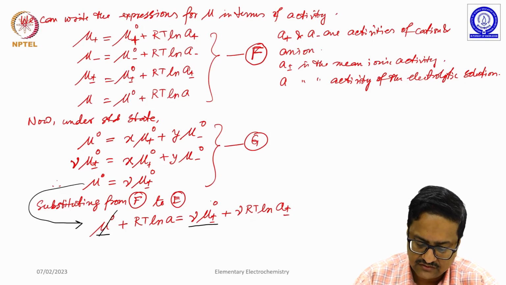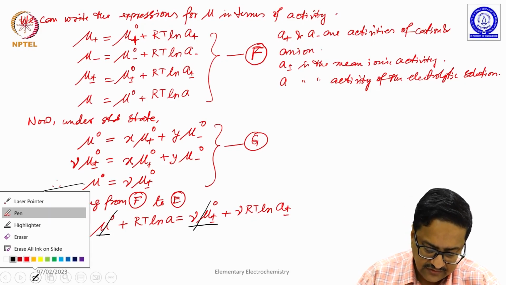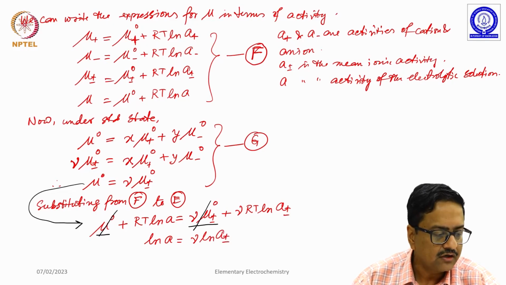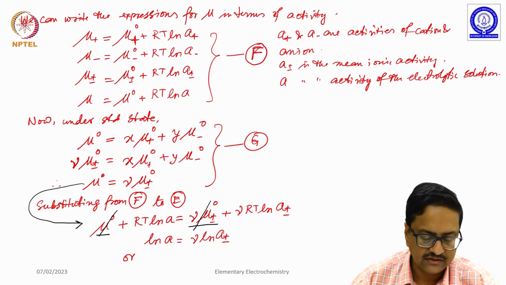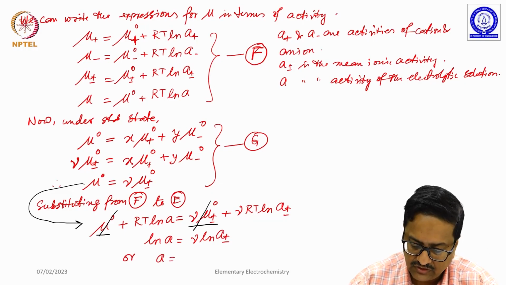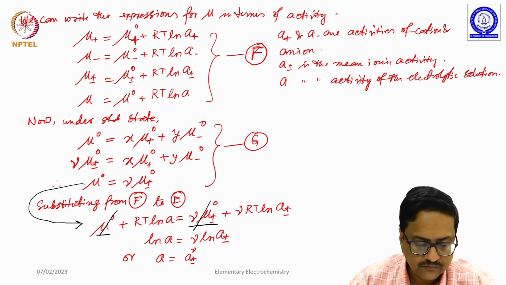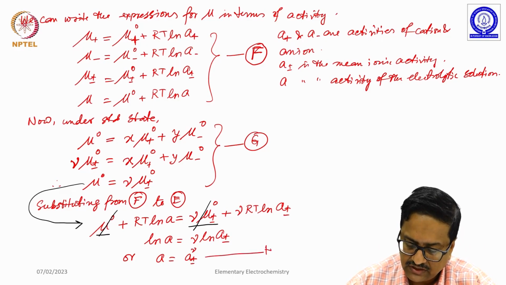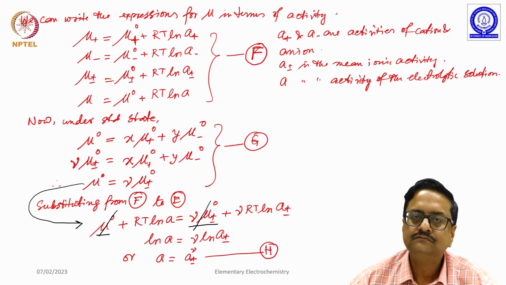So, you can cancel these two and rewrite this expression as ln A equal to nu ln A plus minus, or you can simply write A equal to A plus minus to the power nu. This equation is numbered as equation H.